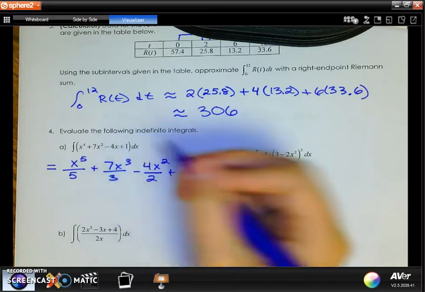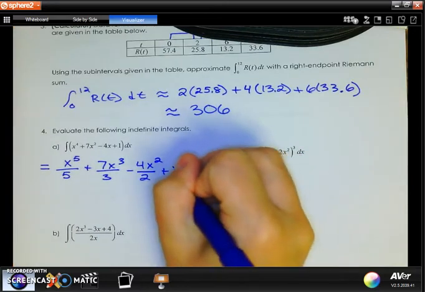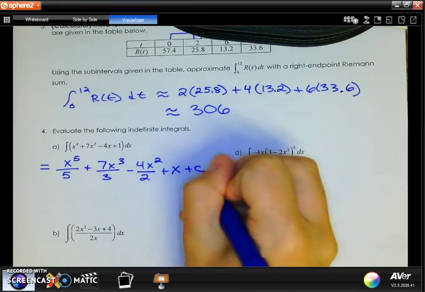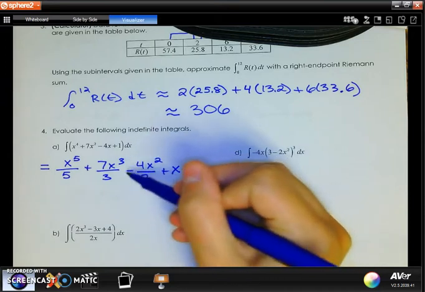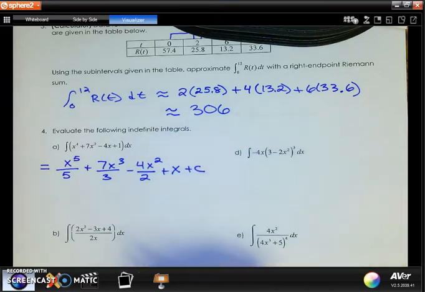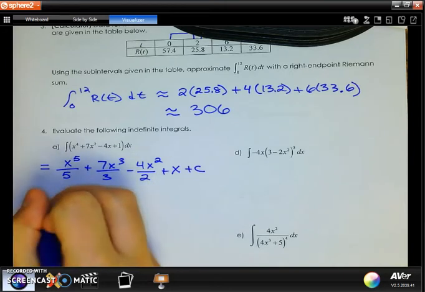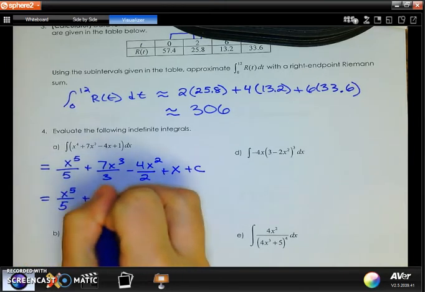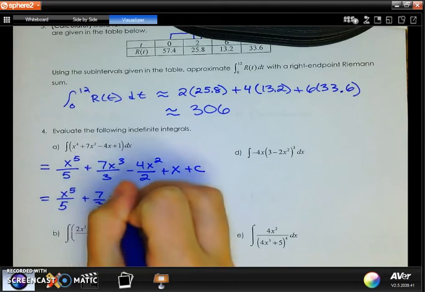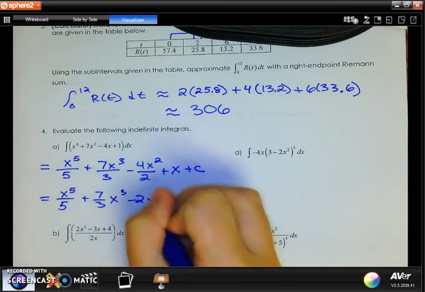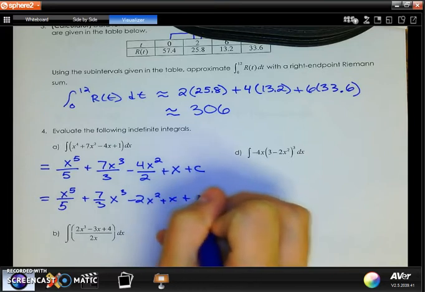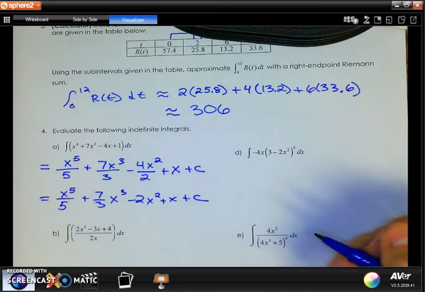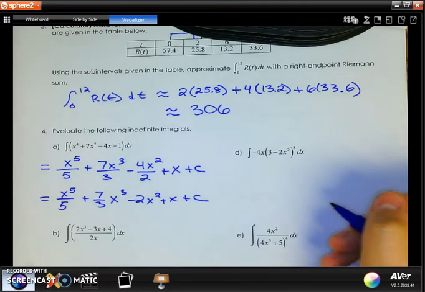Here, if you just have a number, you're going to tack on a variable there, and then a plus c. Yes, you could rewrite this as just a -2 there if you wanted to clean it up, but that is your safe step. But if you wanted to go one step further and risk the algebra, you can indeed clean that up. All right, I'm just going to work horizontally here.